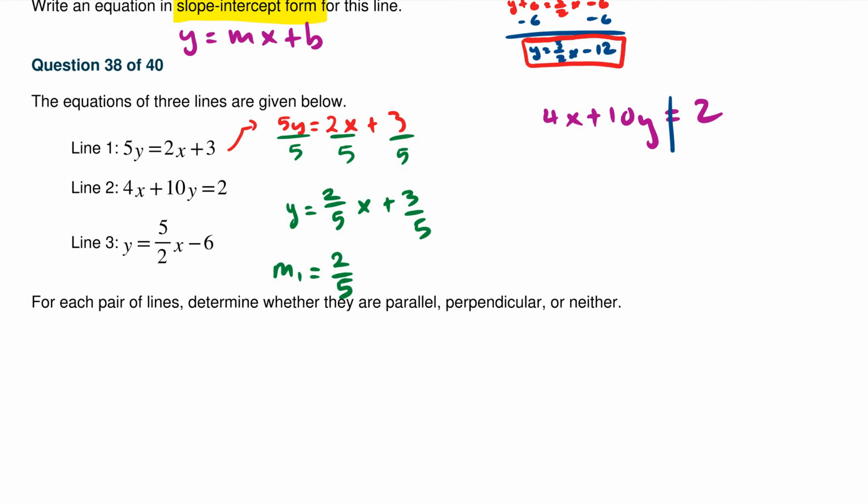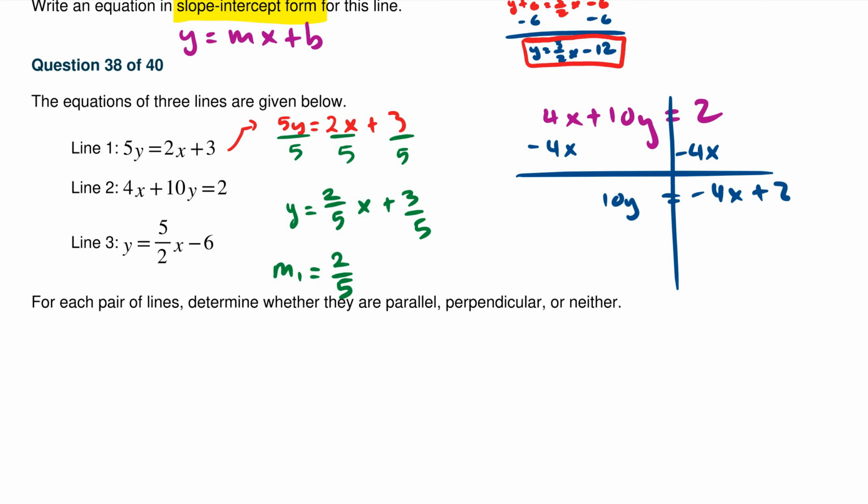First we subtract 4x on both sides, which gives 10y equals -4x plus 2. Then we divide all the terms by 10. So y equals -4/10, which reduces to -2/5x plus 1/5. So the slope of the second line, m2, is -2/5.